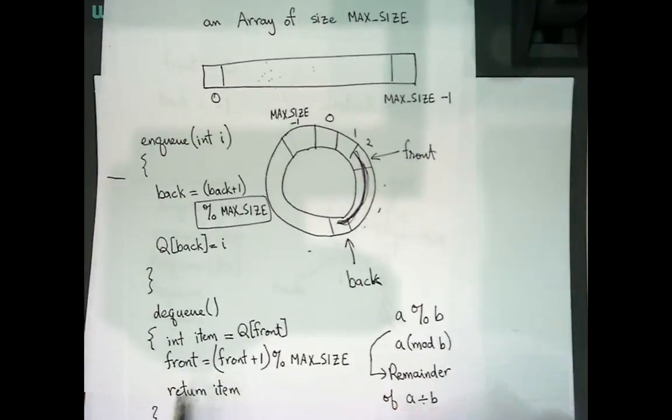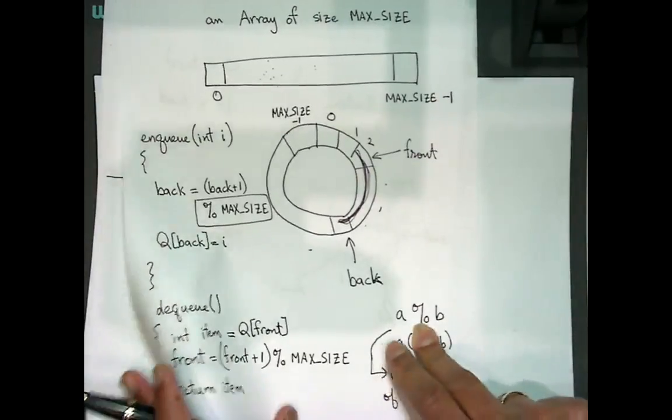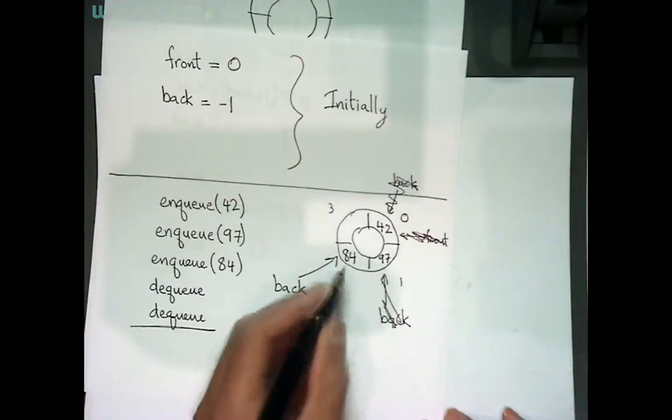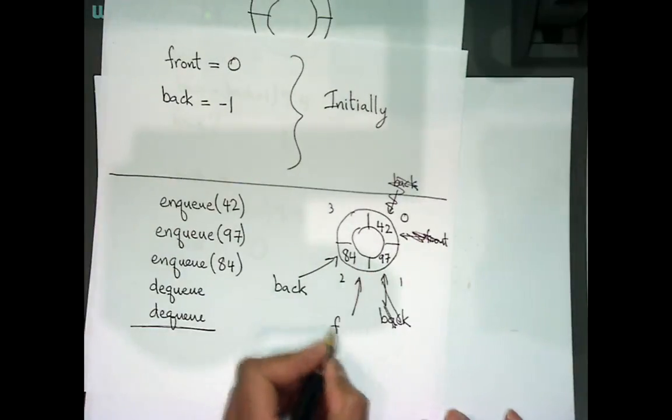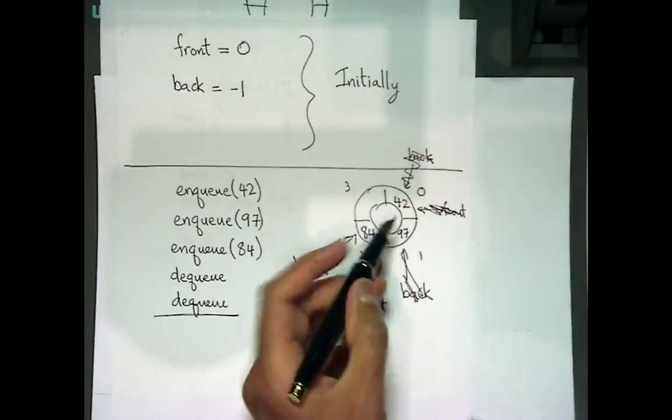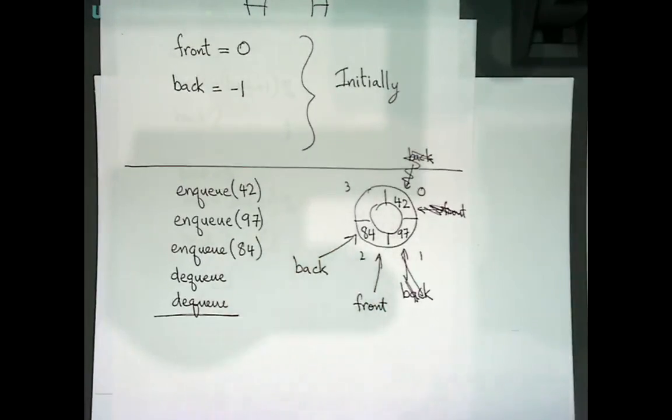What front does is it just keeps moving. So at the end of this, front is over here. So note that, of course, these don't change, but you don't have to delete them. You just don't access them.